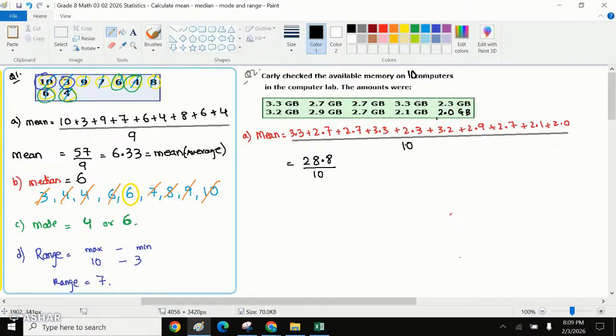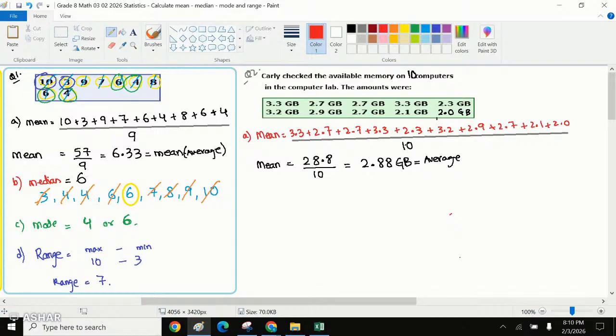And once we divide by 10, it comes out to be 2.88 GB of memory space. That is the mean. That is the average available memory space. Okay. So mean is adding all the numbers and simply dividing by the number of quantities counted, right? There were 10 computers, so we divide by 10.